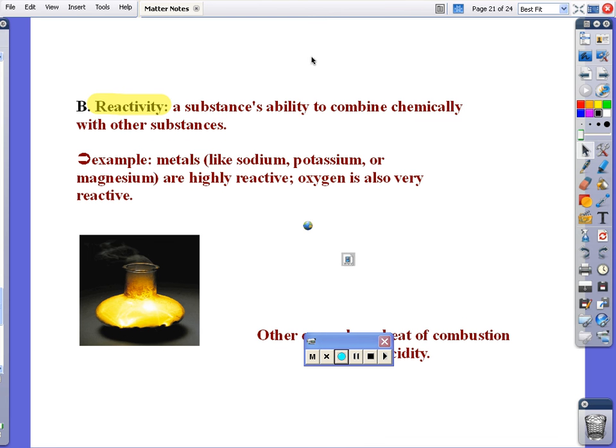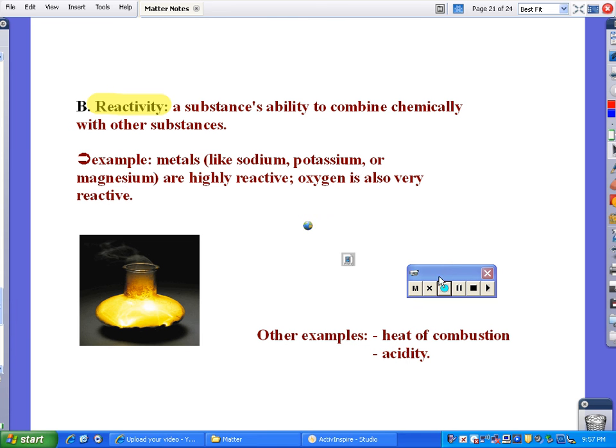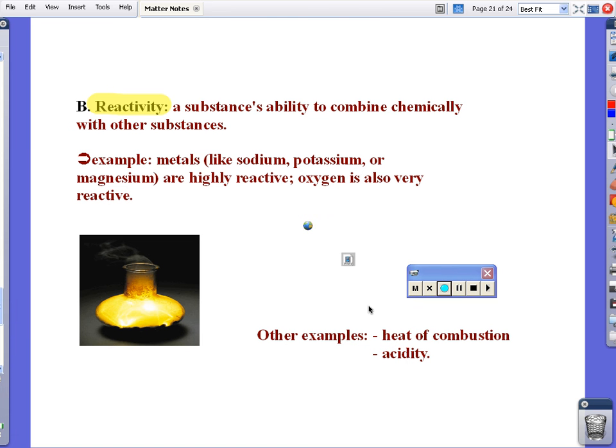Reactivity is the other major chemical property. There are other chemical properties, but these are the two major ones that we're going to talk about. Some things will just combine chemically with other substances more easily than others. Baking soda and vinegar obviously have a high reactivity because their acid-base reaction kind of neutralizes each other.